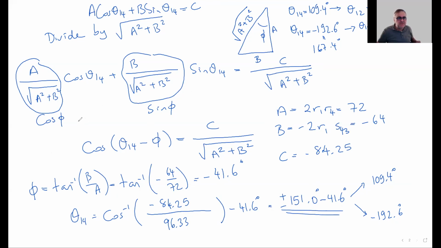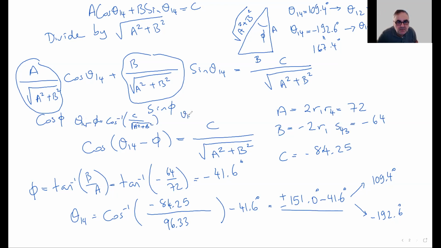No. What happens is the following. Theta 1,4 minus phi is equal to cosine inverse of C over root A squared plus B squared, right?